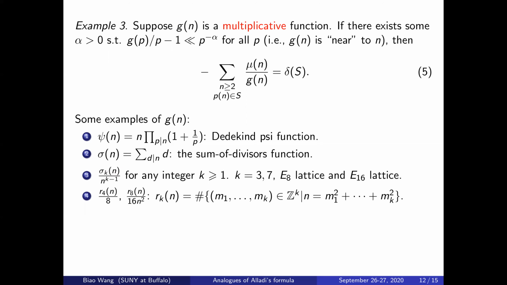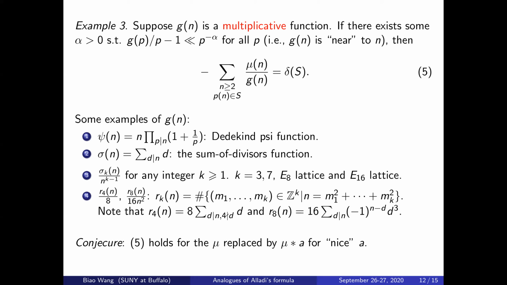And the last example is related to r4 and r8. Here r sub k of n is the number of ways of representing n as the sum of k squares. If k is 4 or 8, then we have the following explicit expressions for them.